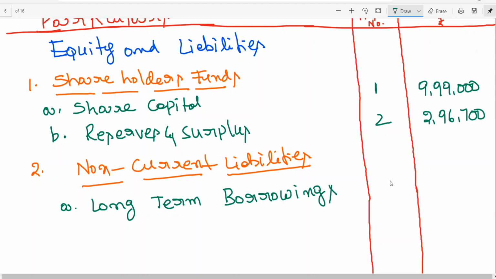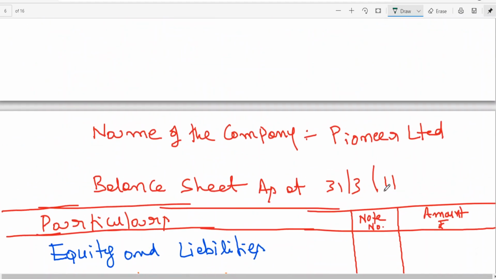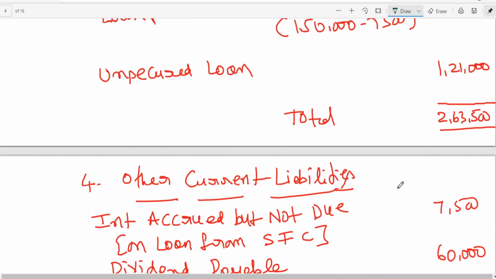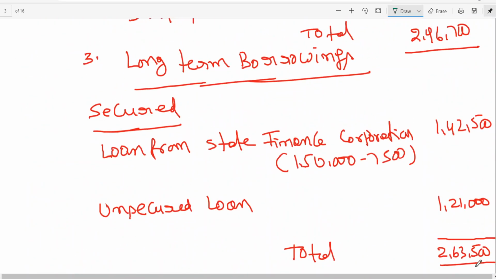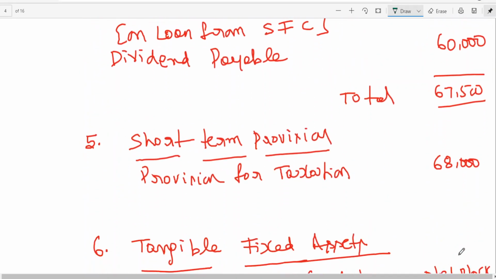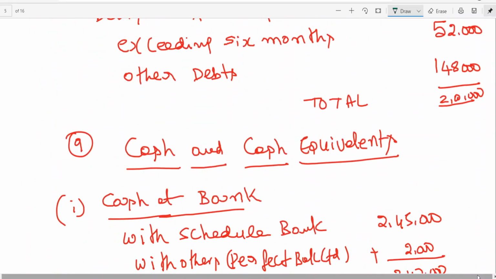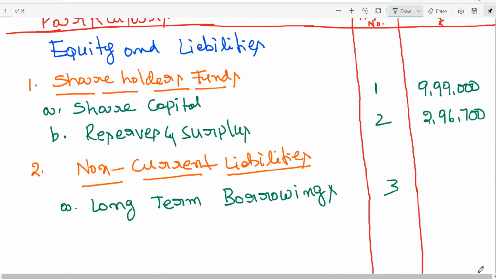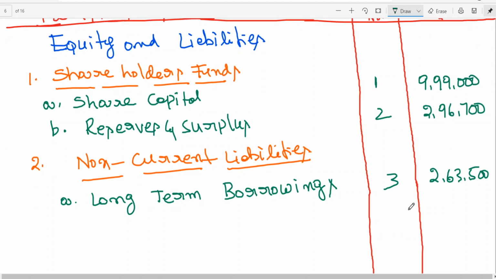We have already done note 3, long-term borrowings. You can see, secured and unsecured, 2,63,500. This problem, the same model came in last year's November examination as a 10 marks question.